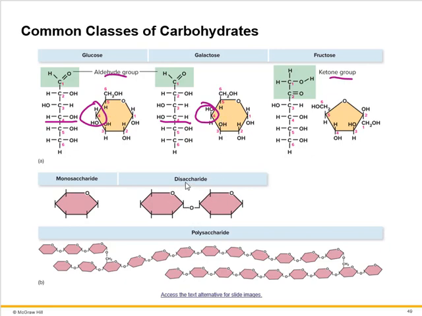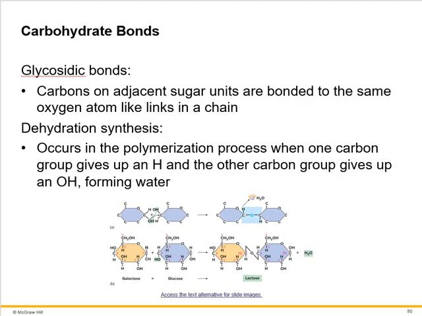So if you have 2 of those, it's called a disaccharide, and this bond that's formed between the 2 monosaccharides is called a glycosidic bond. And you see those in the polysaccharides as well. So glycosidic is the bond, and they form by dehydration synthesis. So if you think about this name here, de- means to remove, and hydration would refer to water.